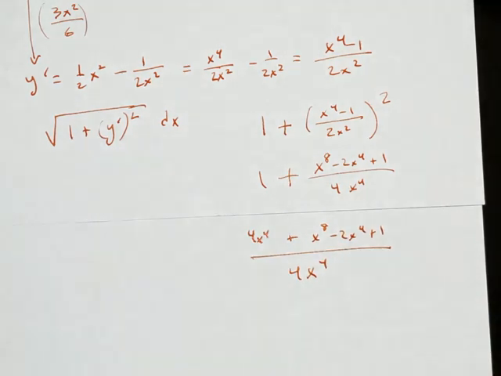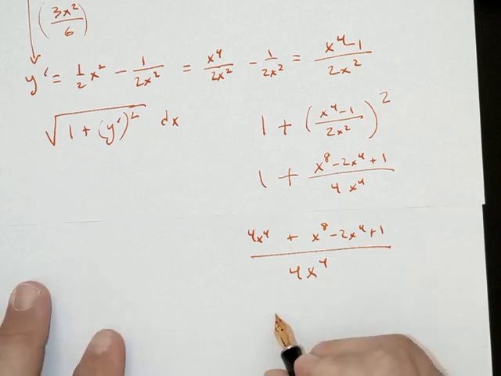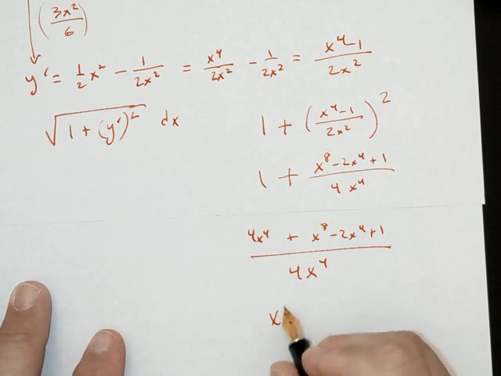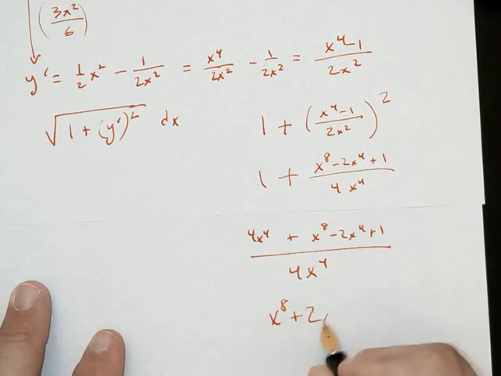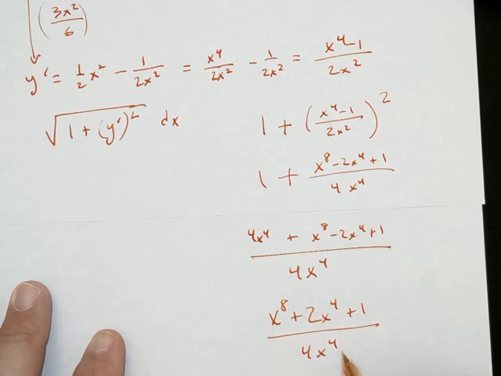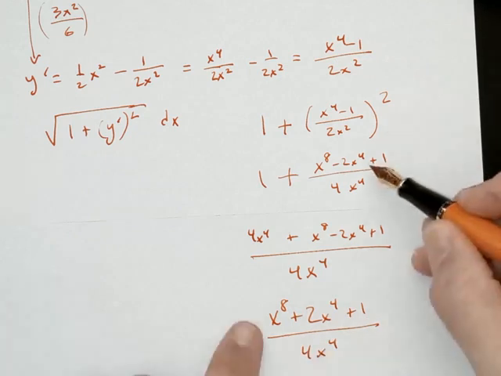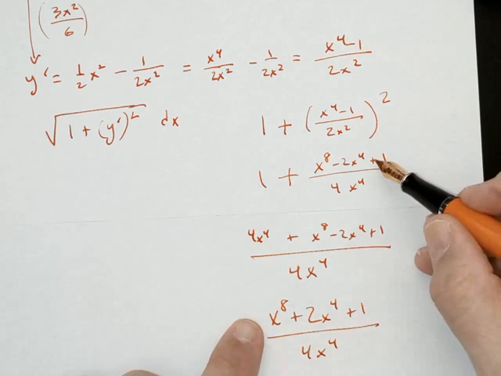I like that. We'll write it 4x to the 4th over 4x to the 4th. That's perfect. Wait a minute, I have like terms. What happens? And what do I get? 2x to the 4th. Okay, wait a second. That looks almost exactly like this, doesn't it?